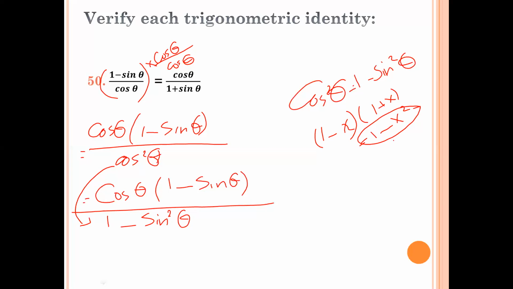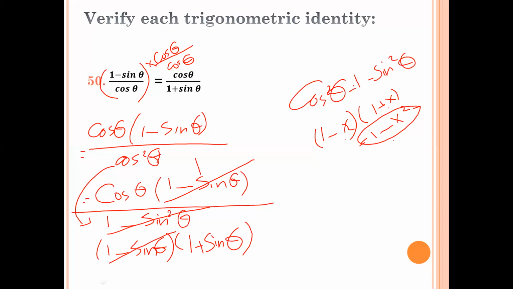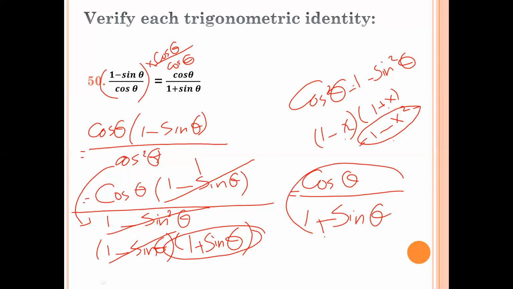So 1 minus x squared over 1 minus x is 1 plus x. So these two, I can simplify as 1 minus sine times 1 plus sine theta. Then 1 minus sine cancels 1 minus sine. So I have only 1 plus sine. So cosine theta over 1 plus sine theta, which is what I wanted to prove.